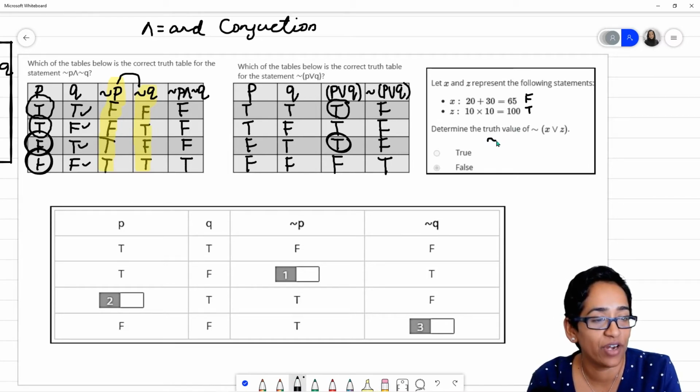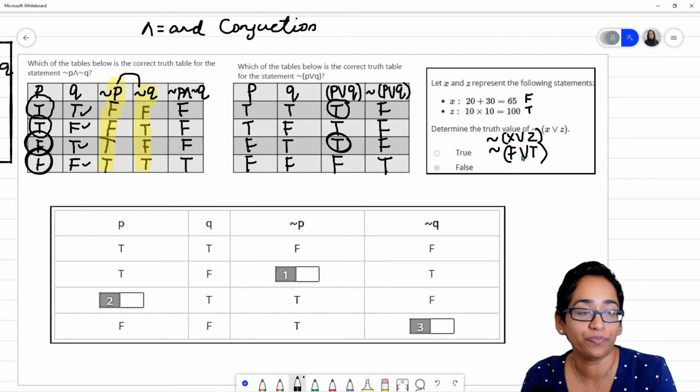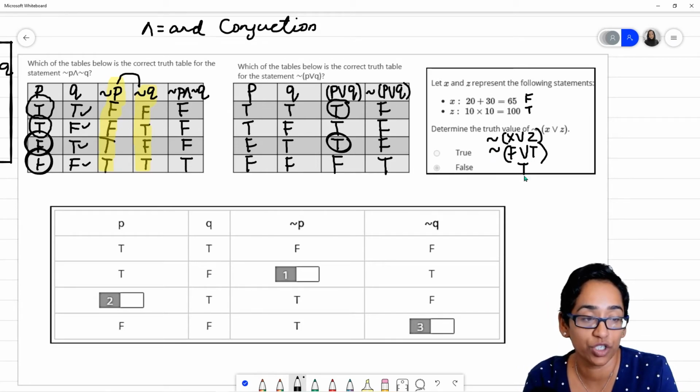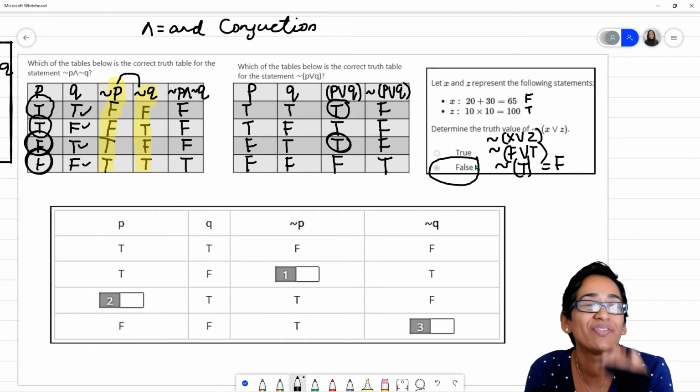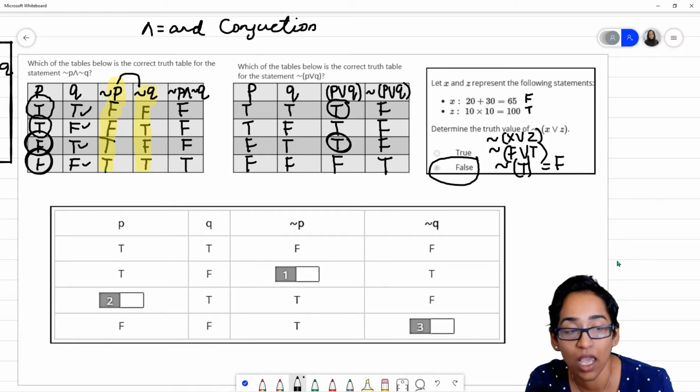I have negation, X or Z. That is negation of false or true. False or true, remember it's or, so it's true. And negation of true is false. So I know my answer is false. So you have to take it step by step, very slowly.